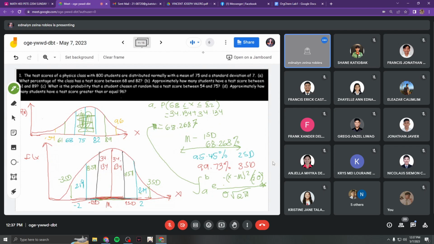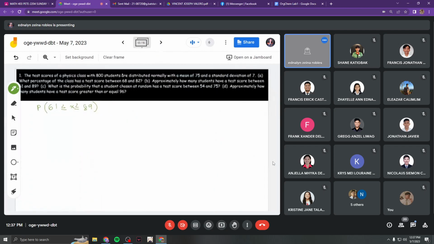okay, so let's discuss, let's try to solve this. Approximately how many students have a test score between 61 and 89? But before we know how many students, let us first get the percentage. Ilan bang percent ng students yung nakakuha ng 61 to 89?